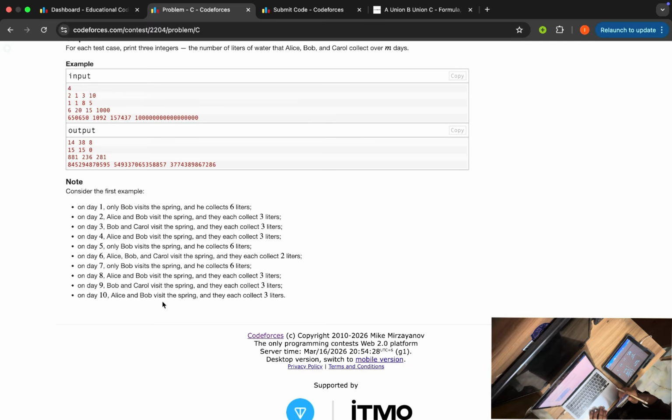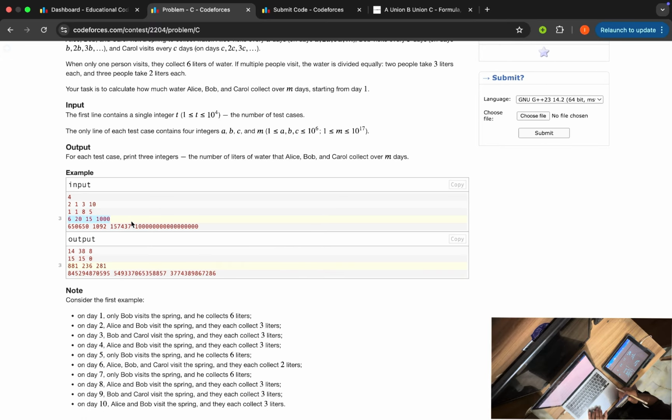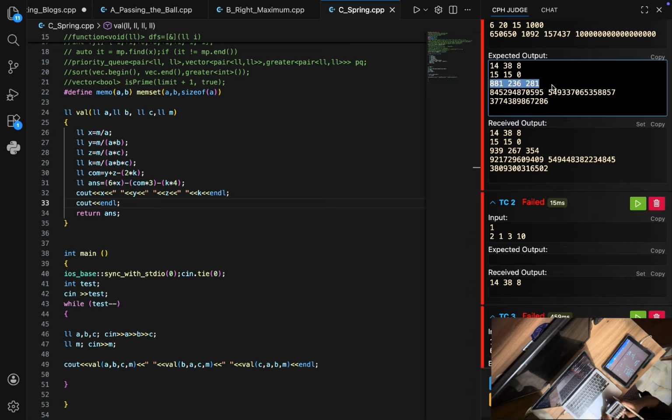The first example, yeah, this is a problem one. 881. 881 plus 236 plus 281, divided by 6. 233 total, 233. 166 plus 8 plus 11. Very sure.